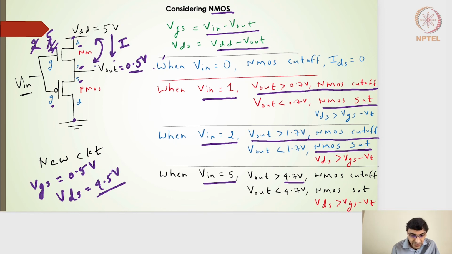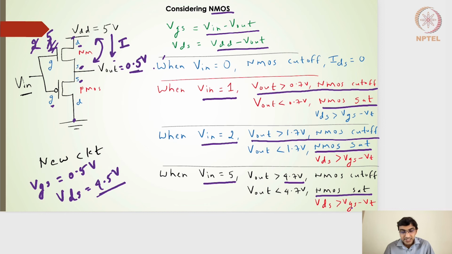VDS will be greater than VGS minus VT, so the NMOS transistor will be in the saturation region, and that's what we have stated here. So even if it is smaller than 4.7 volts, it will be in saturation because VDS is greater than VGS minus VT. Right, so I hope you have understood this working.